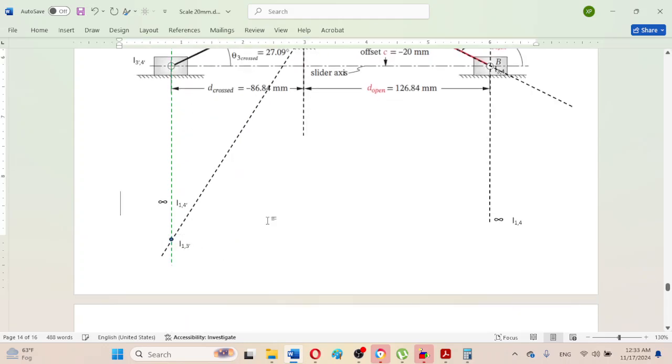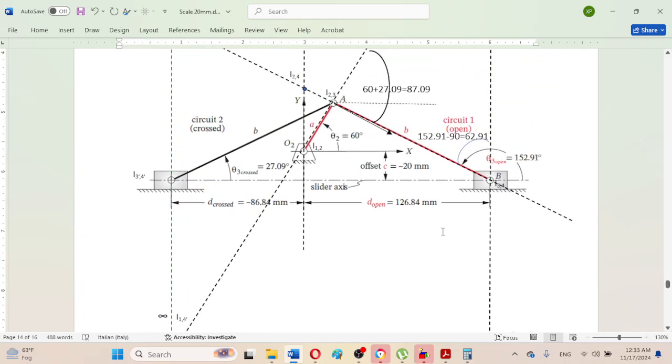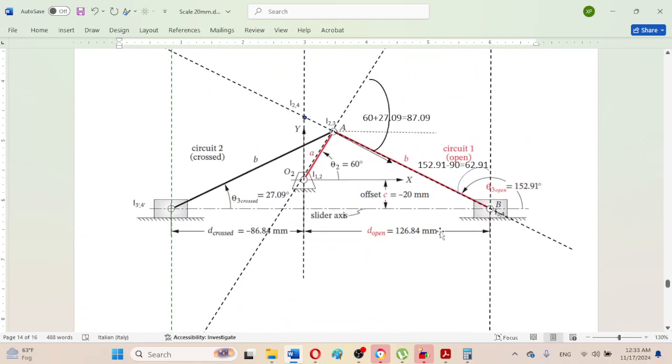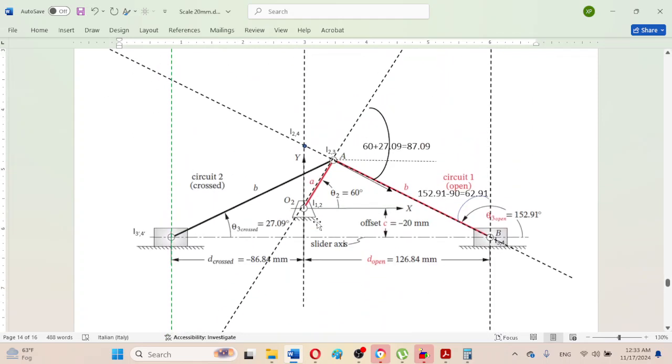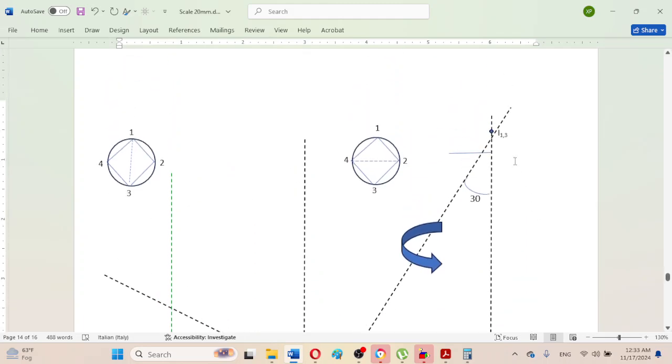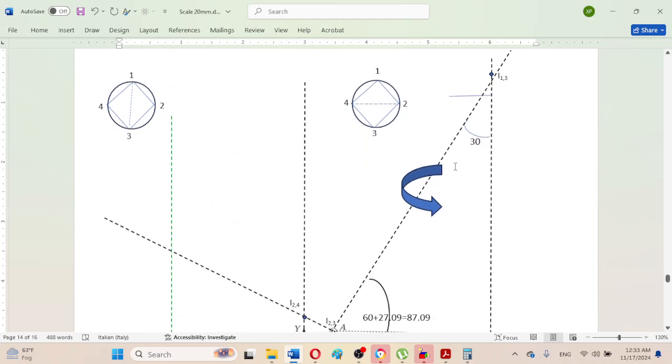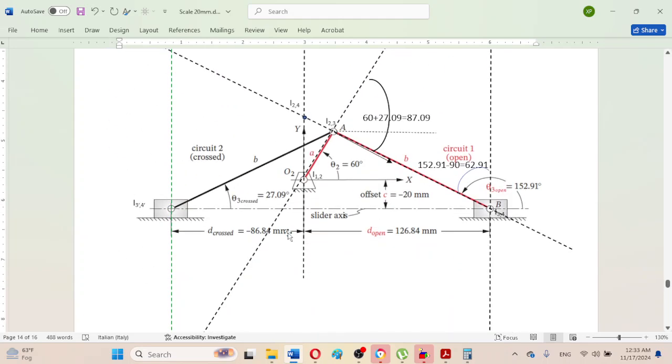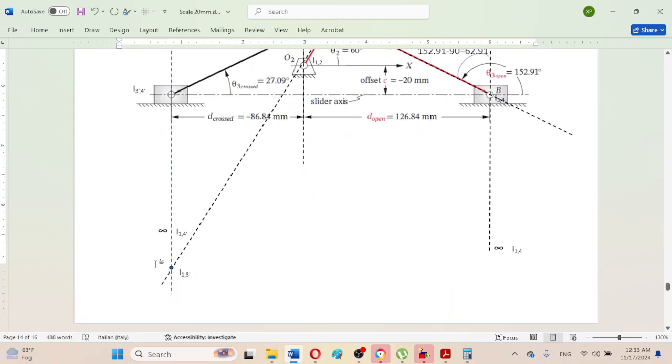So as we can observe the difference, for the right circuit the instant center was here, so this line has been a bit changed while determining this instant center.